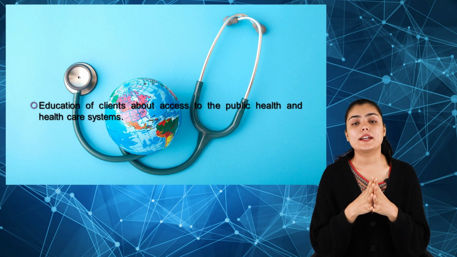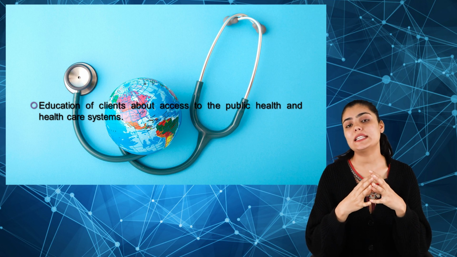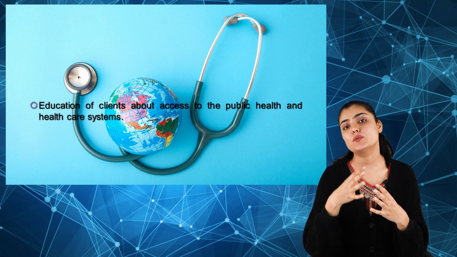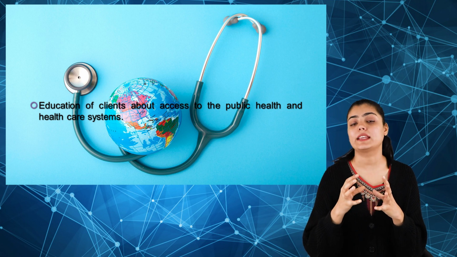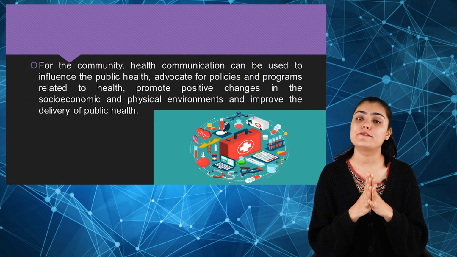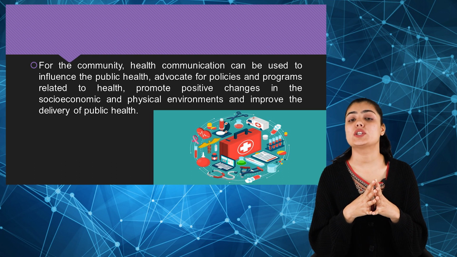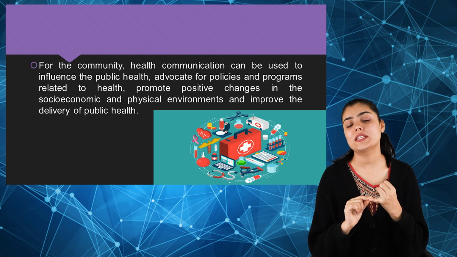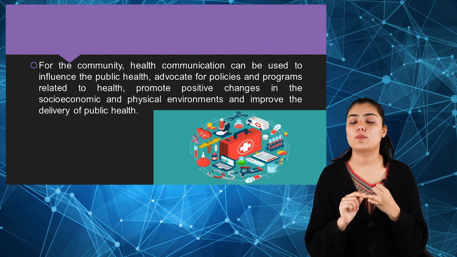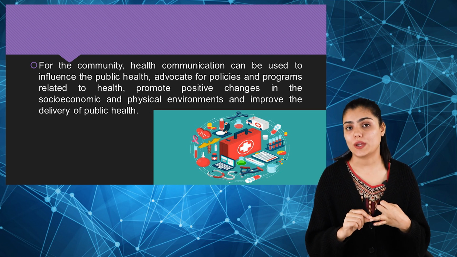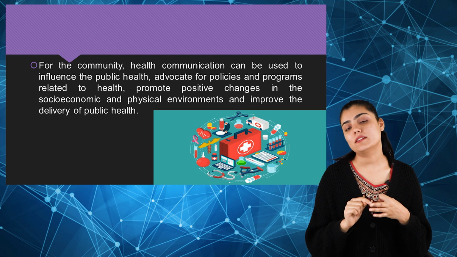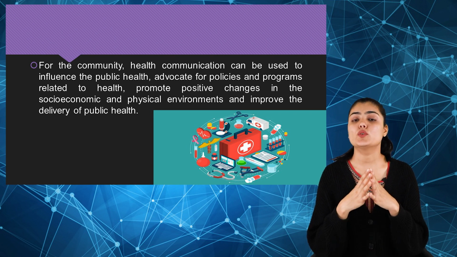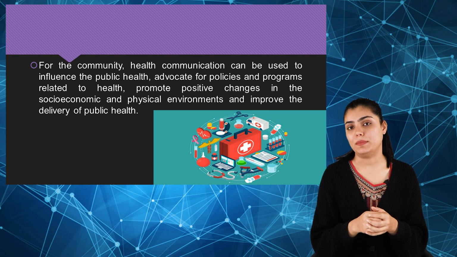Another activity is educating the patient, the individual, and the community about the various public health services and healthcare system. And finally, for the community, health communication can be used in order to influence public health, advocate for policies and programs related to health, promote positive changes in the socio-economic and physical environment, and to improve the delivery of public health.